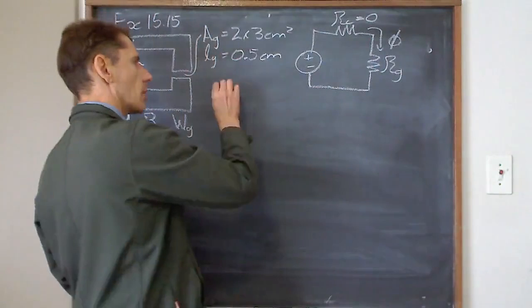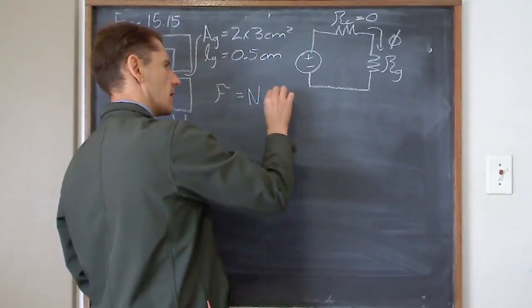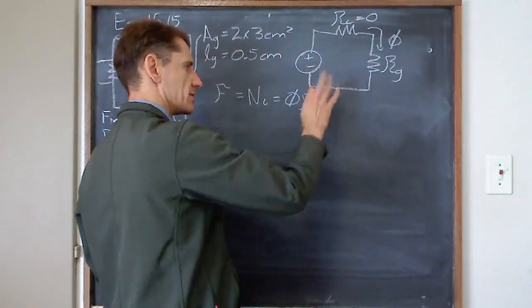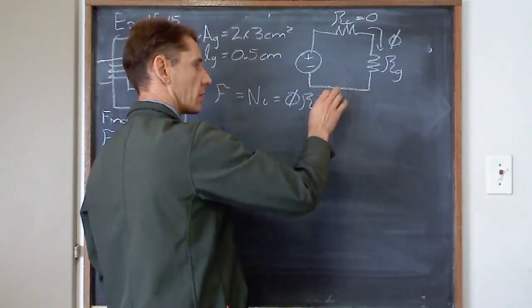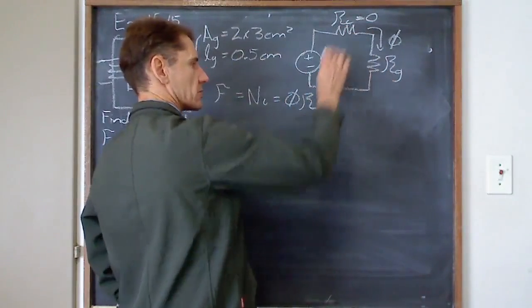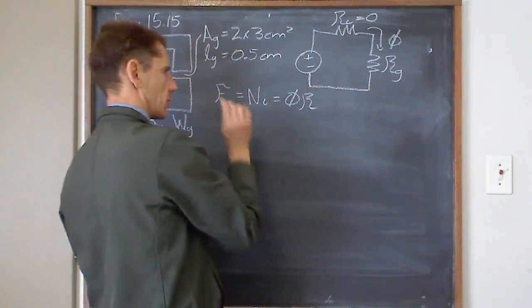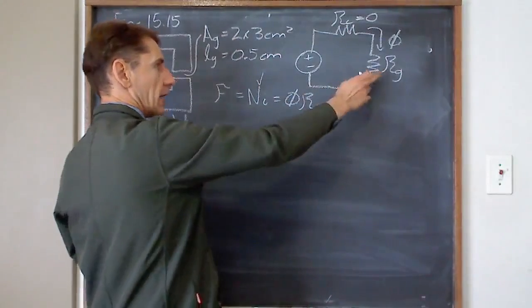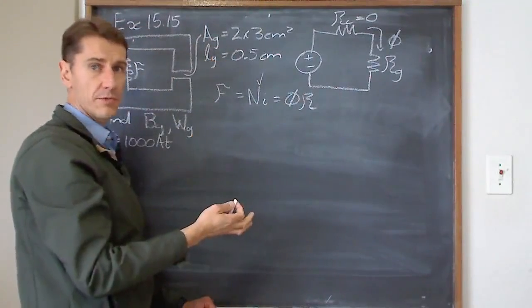All right. So always we start with F equals Ni equals flux times reluctance. Everything is in series, so the total reluctance is just Rg because Rc is 0. We know the MMF, it's 1,000. If I know the MMF, the reluctance I can calculate because I've got the area, I've got the length, and the permeability of air we know.